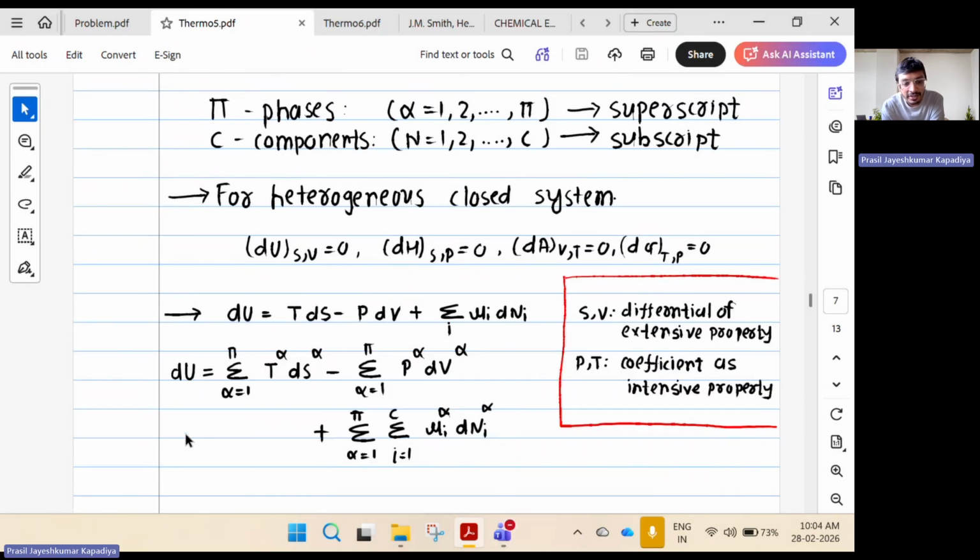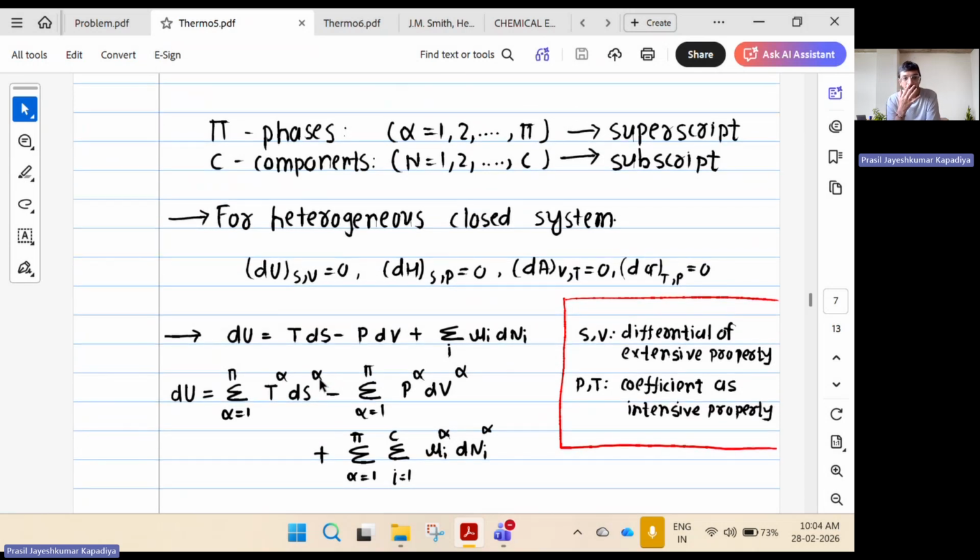So we write it like that: dU is equal to, the first term is T into dS. T and dS will be of a particular phase, temperature of a particular phase, entropy of a particular phase. So we will write T alpha, dS alpha, and we will vary alpha from 1 to total pi number of phases, so summation alpha is equal to 1 to pi T alpha dS alpha, minus PdV. Similarly for pressure also, pressure of a particular phase and volume of a particular phase, so summation alpha is equal to 1 to pi, P alpha dV alpha.